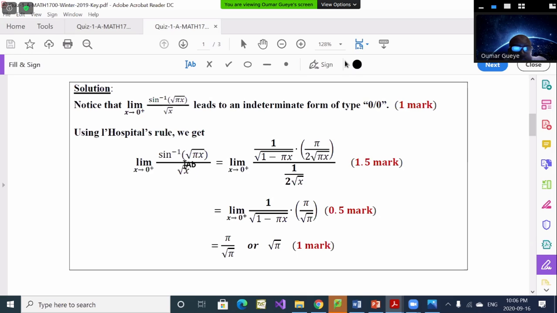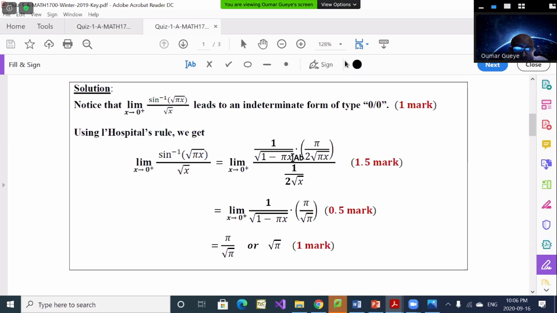The derivative of the denominator is quite easy. It's just 1 over 2 root x, the derivative of root x. For the numerator, you need to apply the derivative of sine inverse, formula number 1. It's going to be 1 over square root of 1 minus the square of root of pi x.